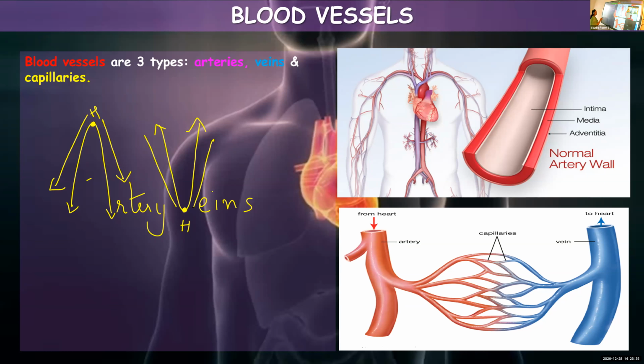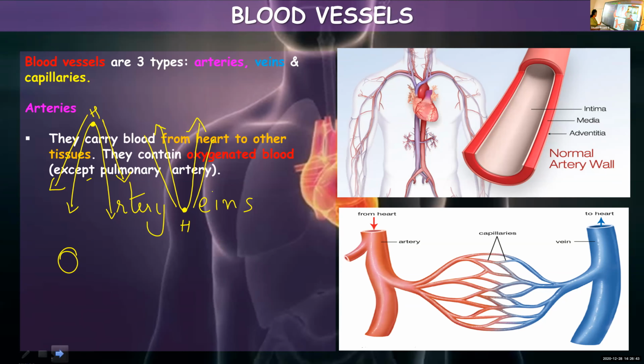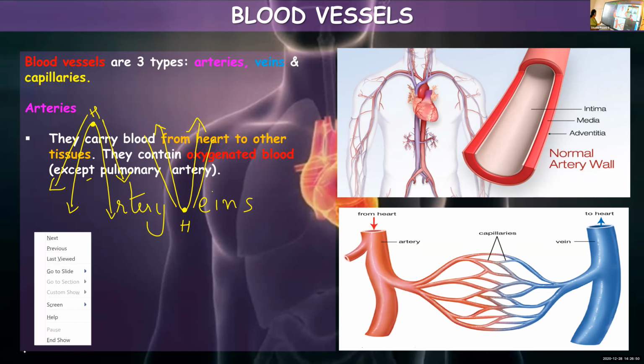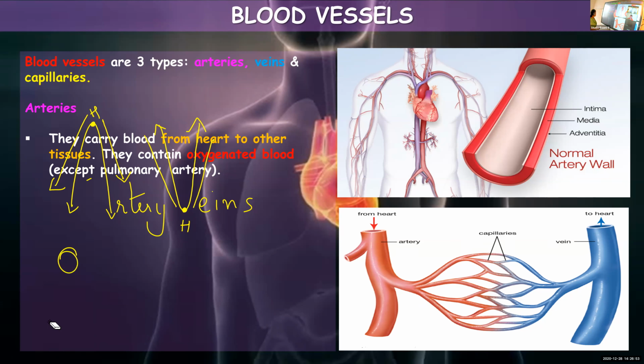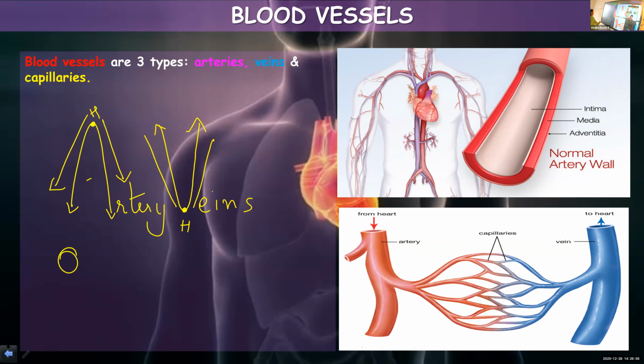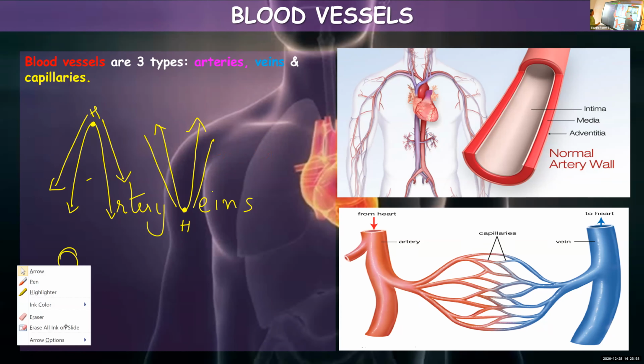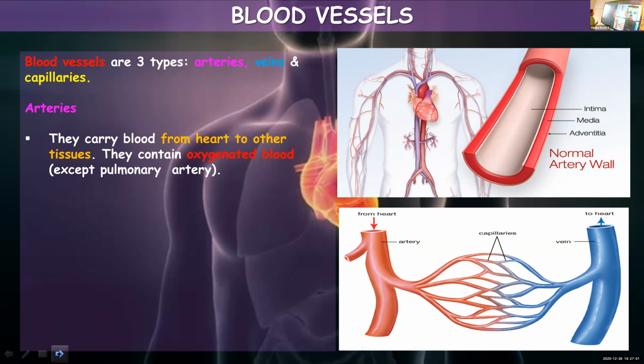Artery always carries blood supplied to different parts, because your body needs pure, oxygenated blood. Pure blood means oxygenated, which is rich in oxygen. So arteries carry oxygenated blood, whereas veins carry deoxygenated blood, blood rich in carbon dioxide.